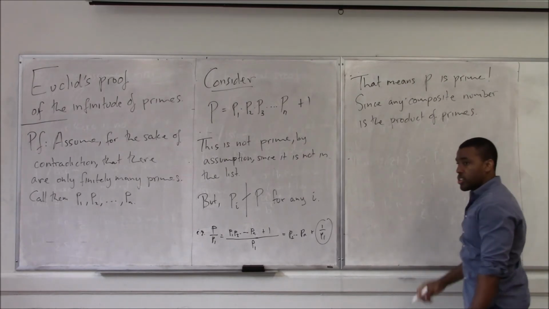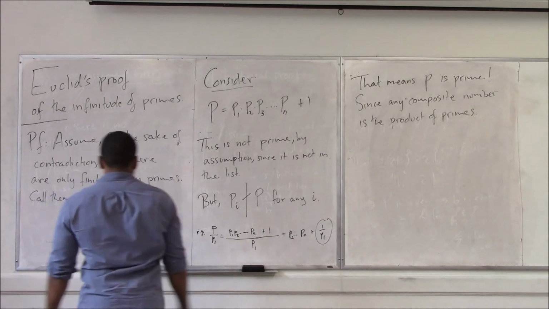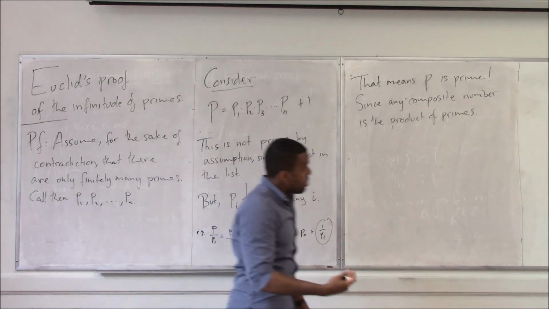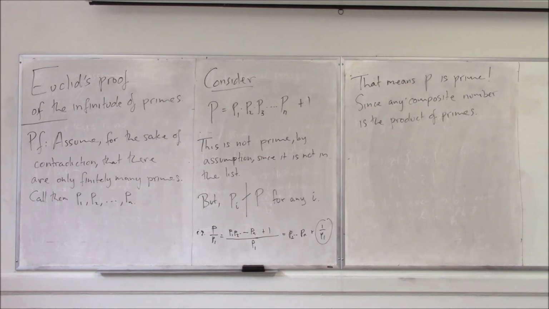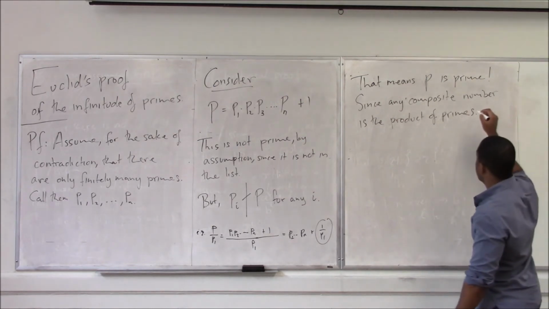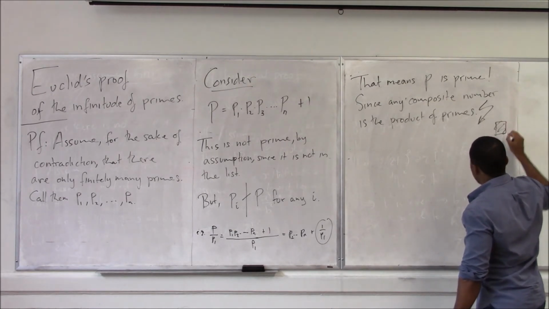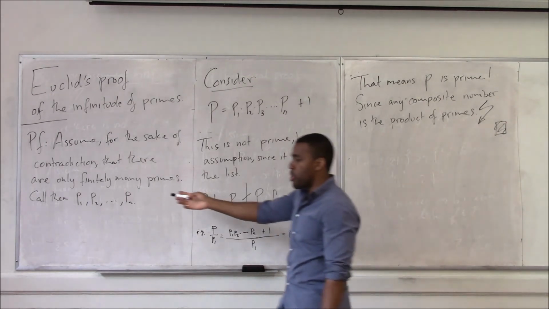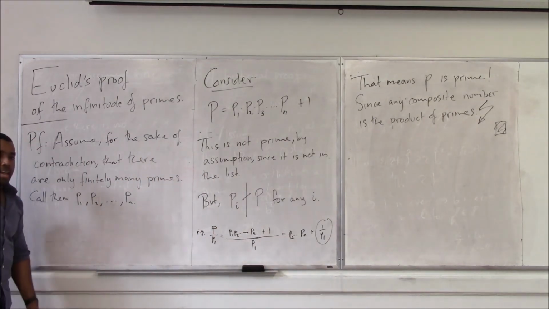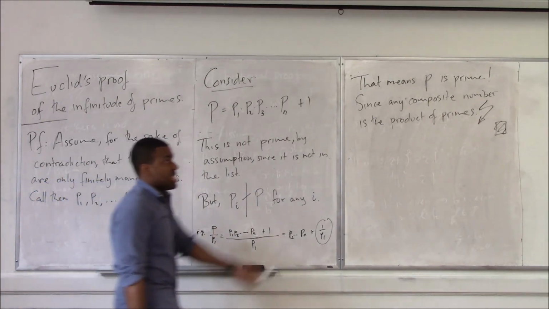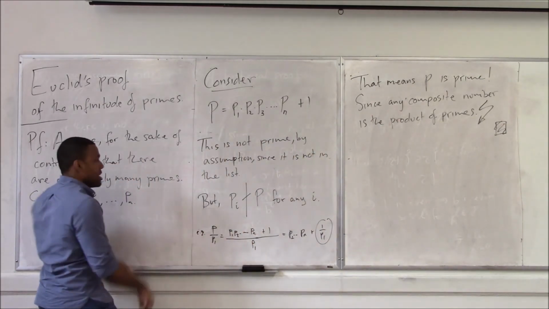If you want to factor a number, you can always find what's called a prime factorization. Any number is either a prime number or can be factored into a bunch of primes. That's a contradiction. So if you assume there is a finite number of primes, you can always find another number that's not divisible by any of those, which means it has to be prime, because no prime in all of existence can factor it.